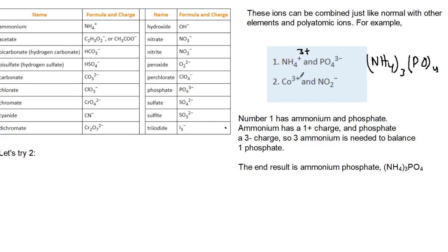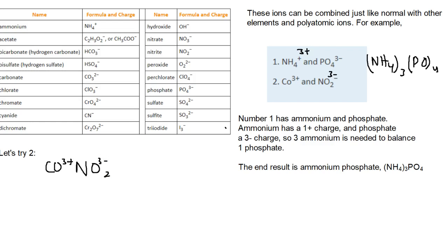This is the same thing. Cobalt 3 plus, and then 3 minus. We need from this nitrite, I think. Is it nitrite? Yeah, it's nitrite. Okay. So Co 3 plus, and we need 3 minus from this, so we just do NO2 3 minus.